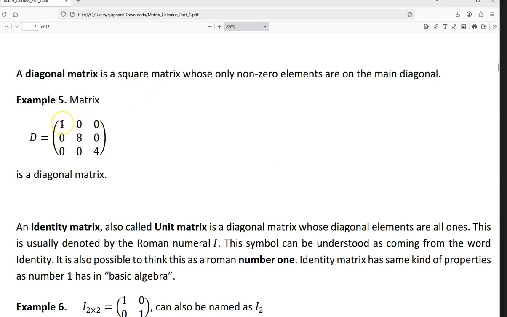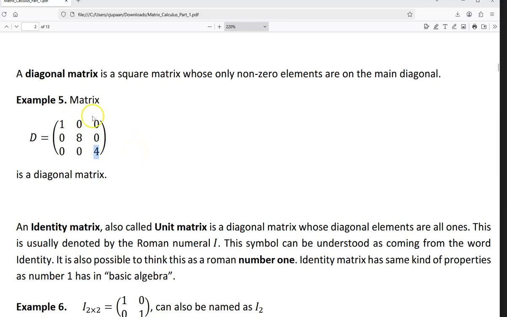If that is the case, then the matrix is called a diagonal matrix. For example, this kind of matrix here, there are zeros in all other places than in the main diagonal: 1, 8, 4.